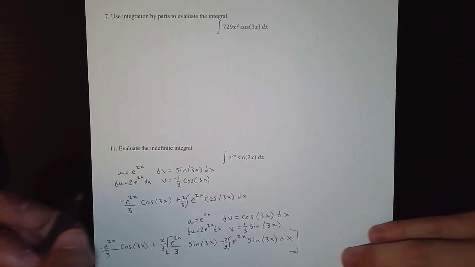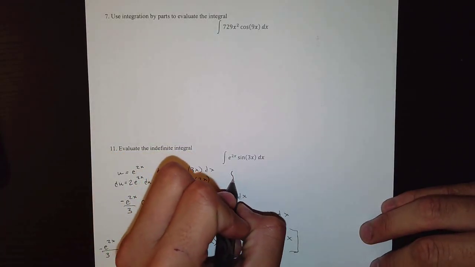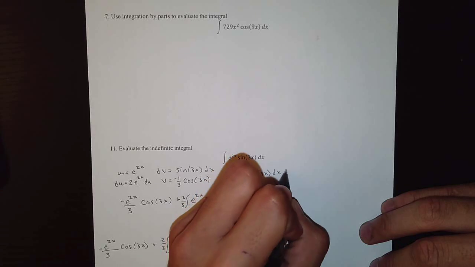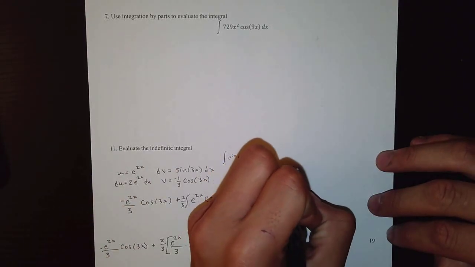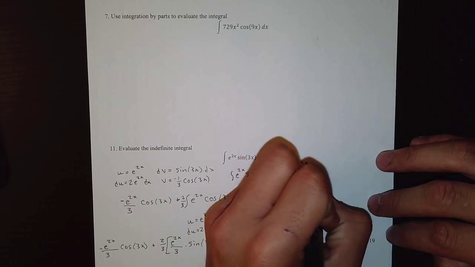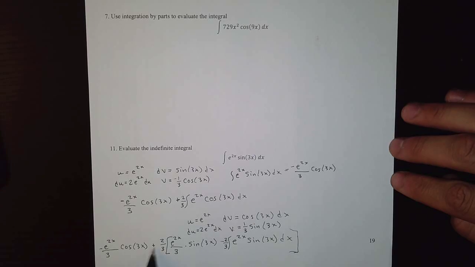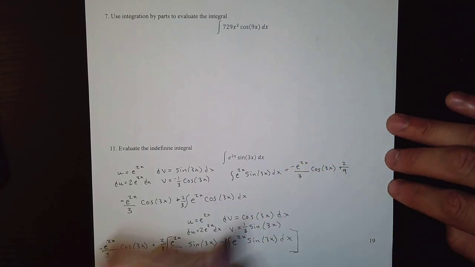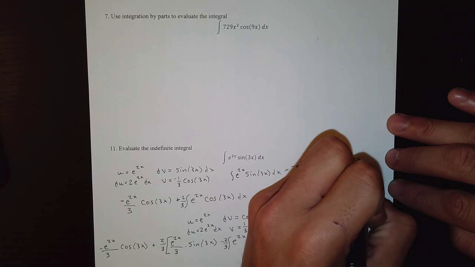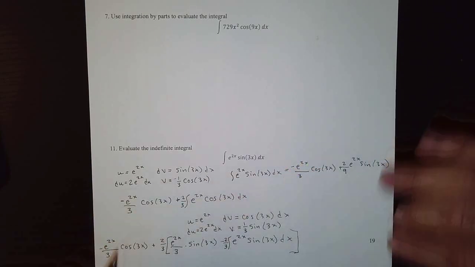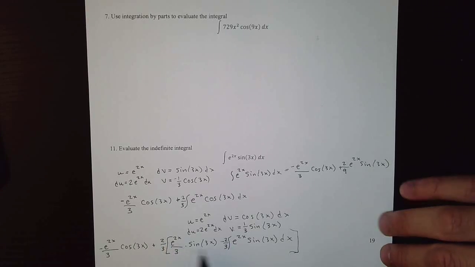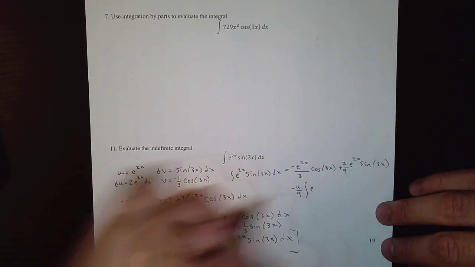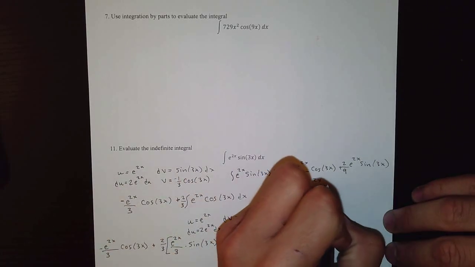So what we just did was we said that the integral of e to the 2x sine of 3x dx is equal to negative e to the 2x divided by 3 times cosine of 3x plus 2/9 e to the 2x sine of 3x minus 4/9 times the integral of e to the 2x sine of 3x dx.